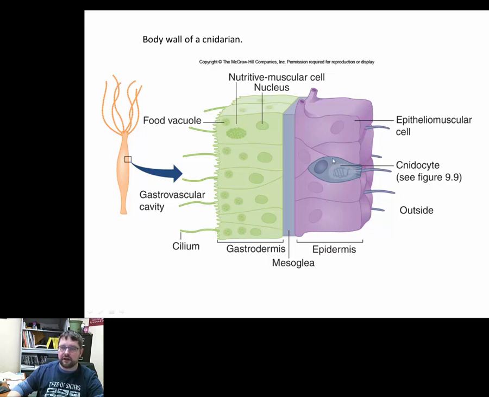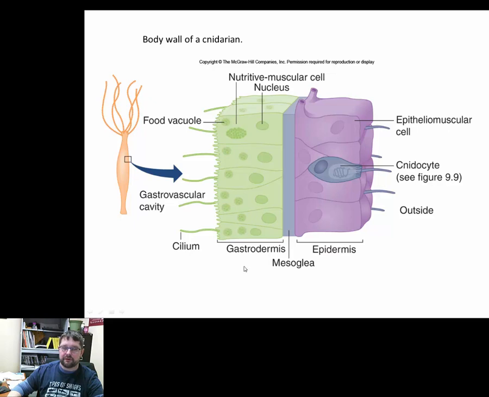These look a lot like choanoflagellates with a collar and a flagellum and nucleus, but there are some specialized structures going on in the cnidocytes. Then you have that mesoglea, that kind of jelly-like substance.